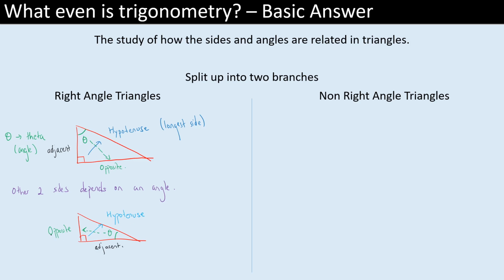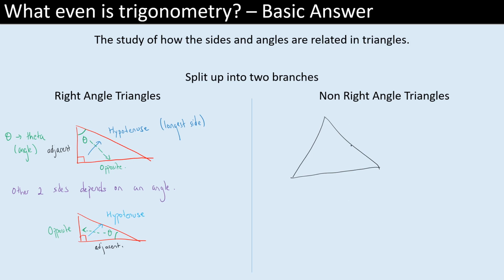And what the sides are called depends on where the angle is. Now, that's only for right-angled triangles, which is what we're focusing on this week, but we also have non-right-angled triangles. So you could imagine a triangle that looks a bit like this.